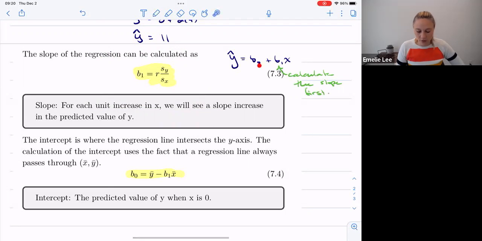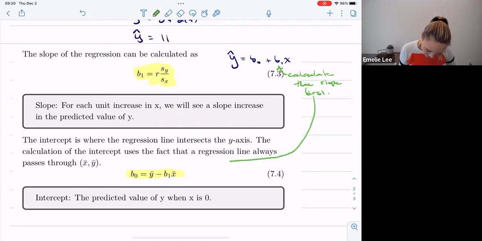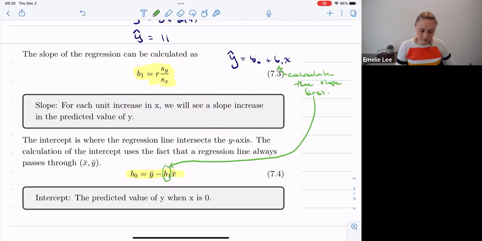Even though you might want to calculate b0 first, b0 requires the slope. So that's why you have to start with calculating the slope and then you can find the intercept.